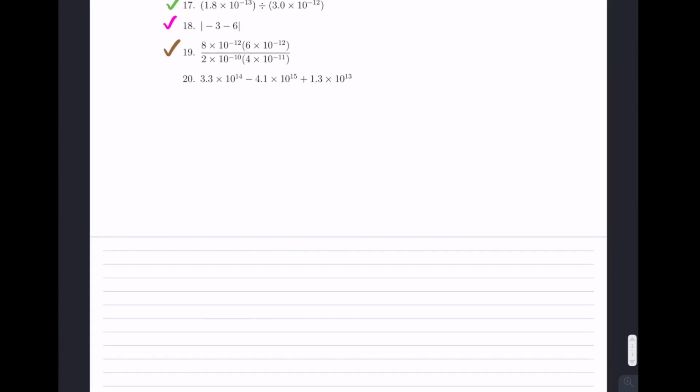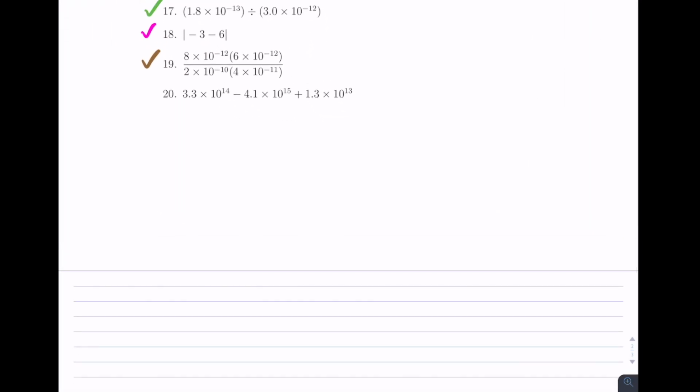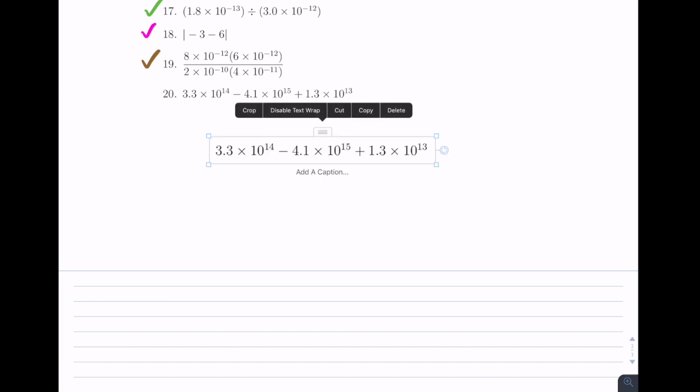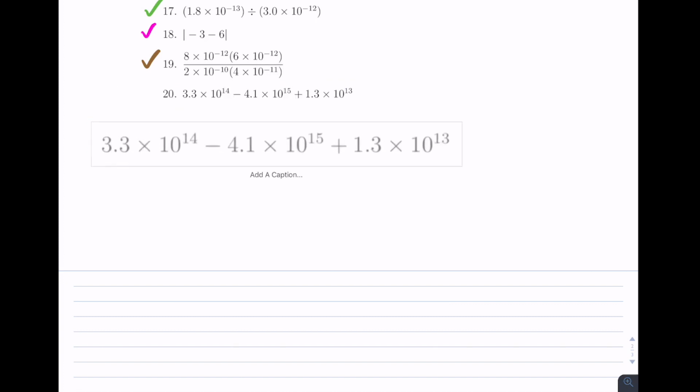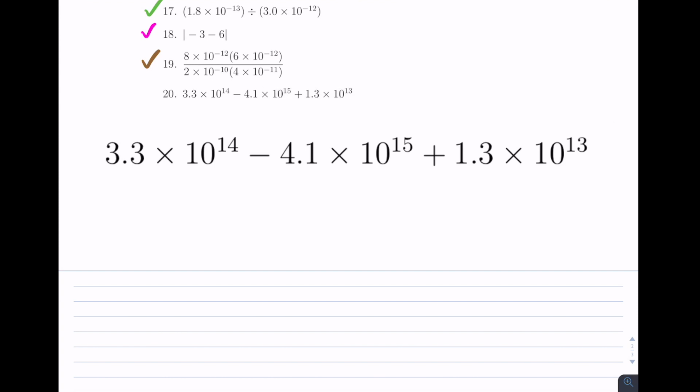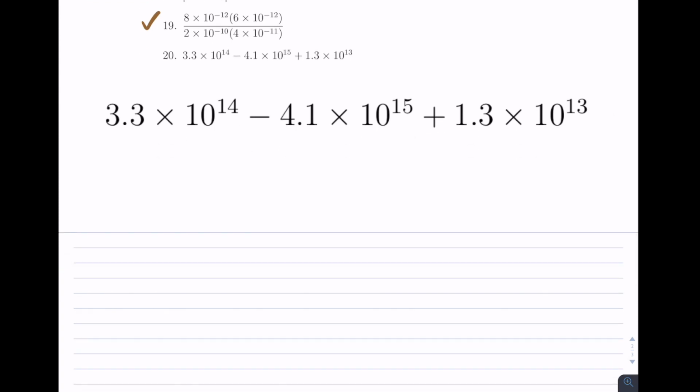Last one. Now we have this example here. Copy it, I'll make it bigger. Okay, so notice we're subtracting and adding scientific notation. How does this work when you don't have a calculator?